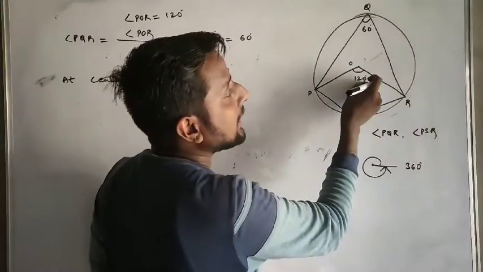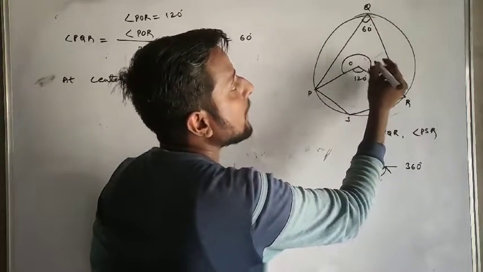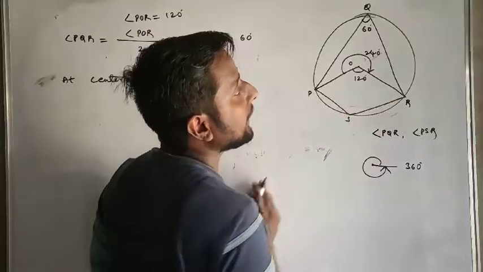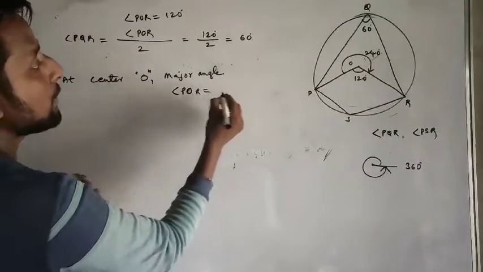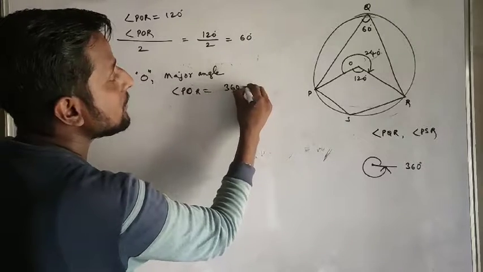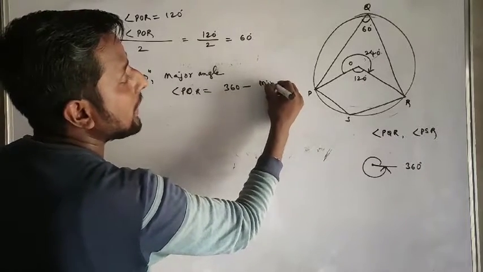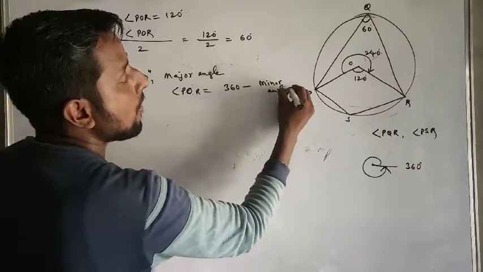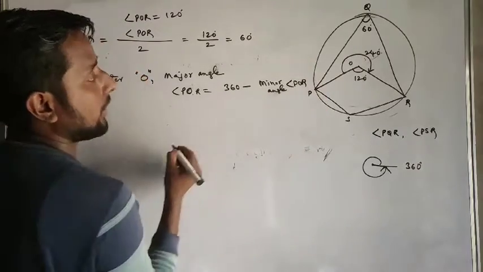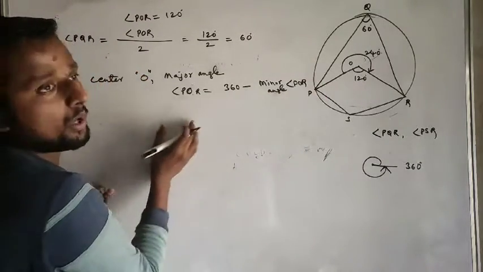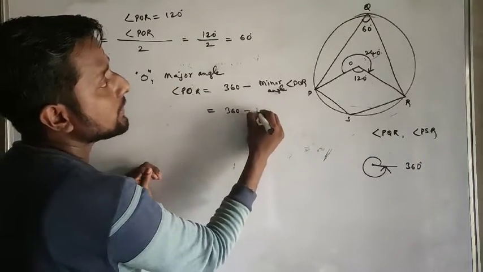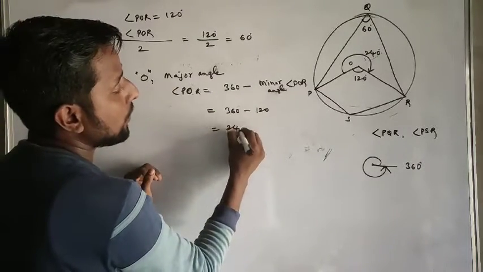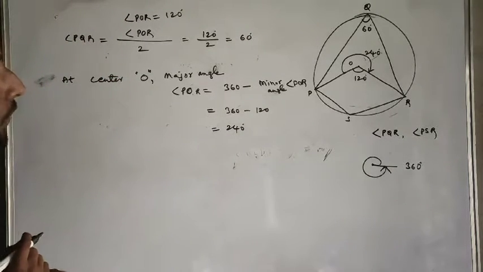In that, a part is 120 but the rest of the part is 240. So the major angle is 360 minus the minor angle of angle POR. I am talking about the same POR, one larger part and one smaller part. So 360 minus 120, the answer is 240 degrees.